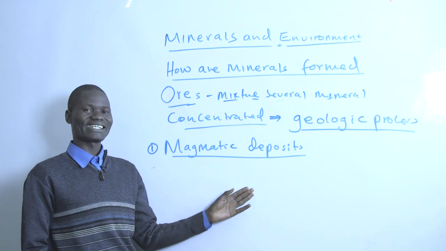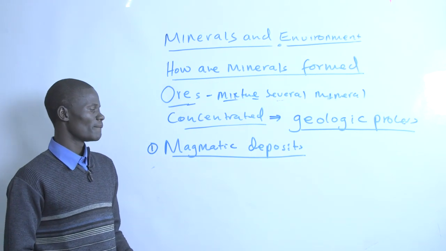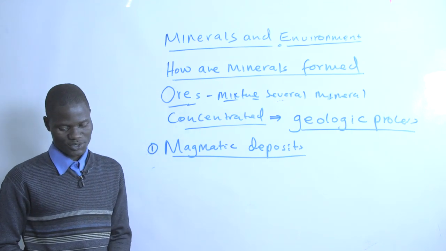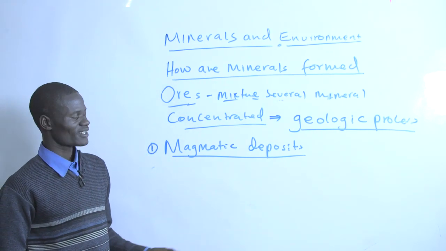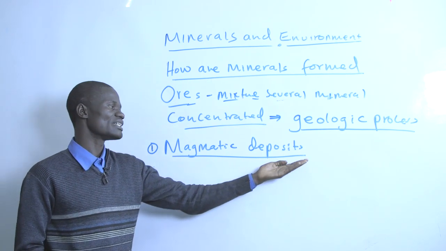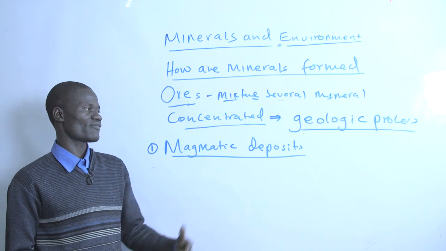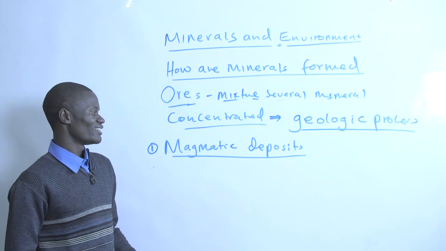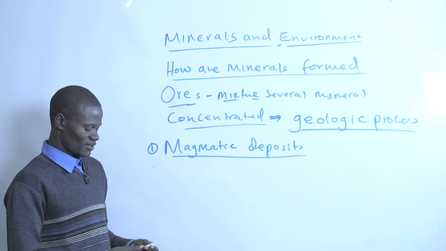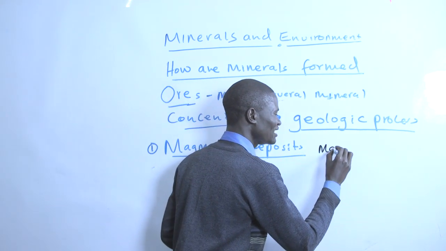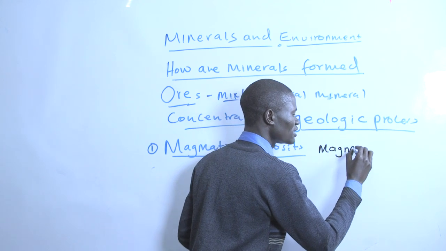And during volcanic eruption, as the magma cools, it will be solidified either on Earth's surface or beneath the Earth's surface. In the magma, as I said, the magma may contain some mineral deposits.